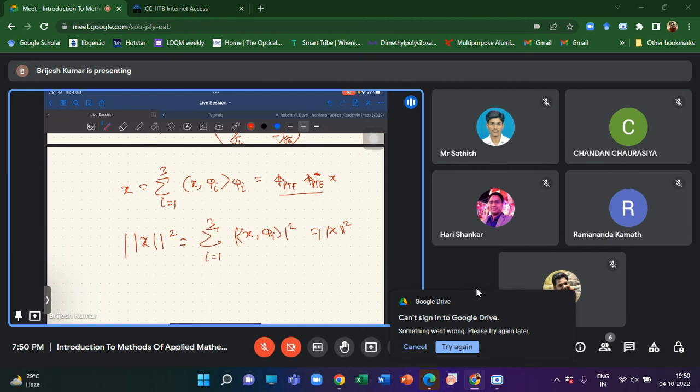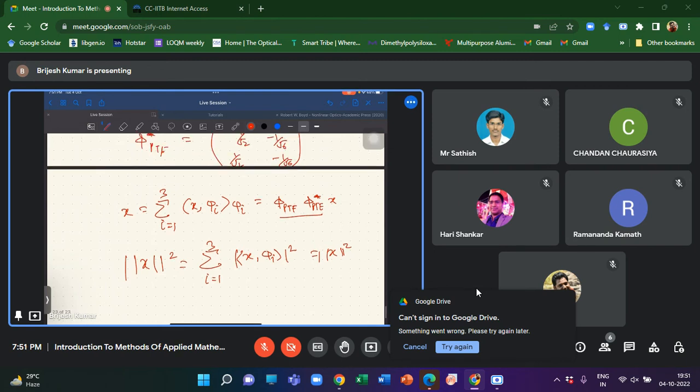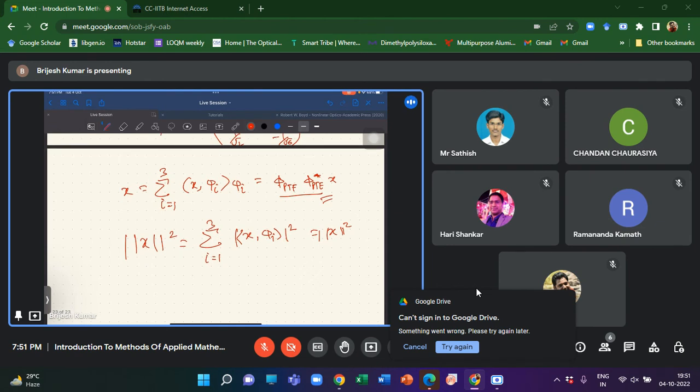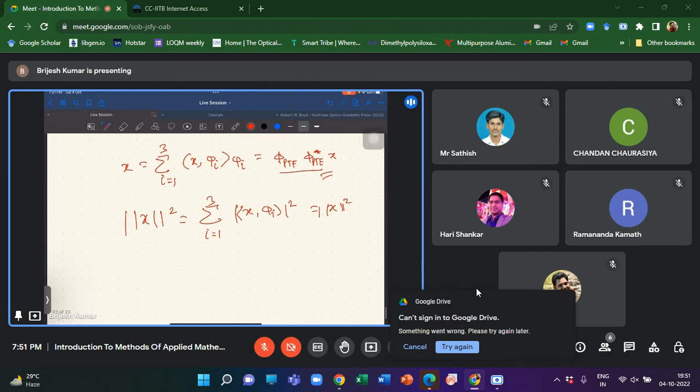So x from R square, which is the real frame, since in this equation the same set of vectors is used both for expansion and reconstruction. So phi PTF is self-dual. From here we can say these two are the same.